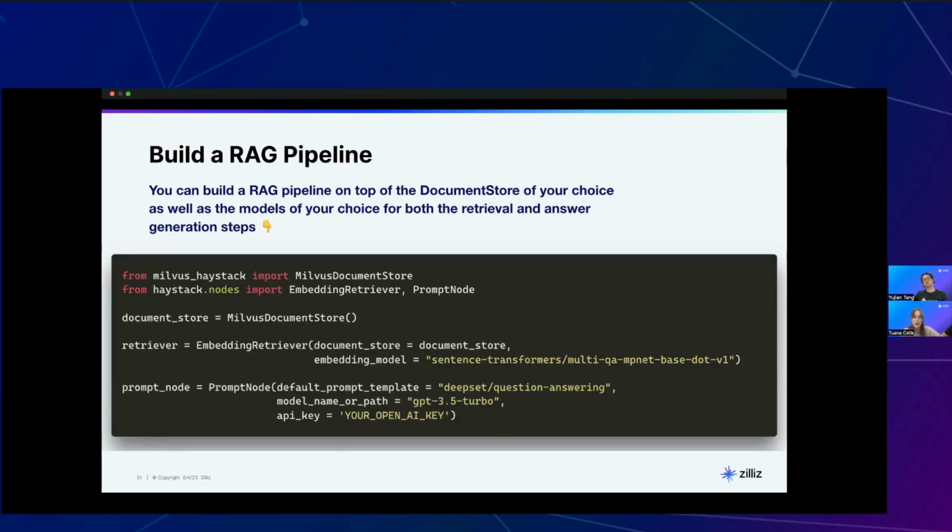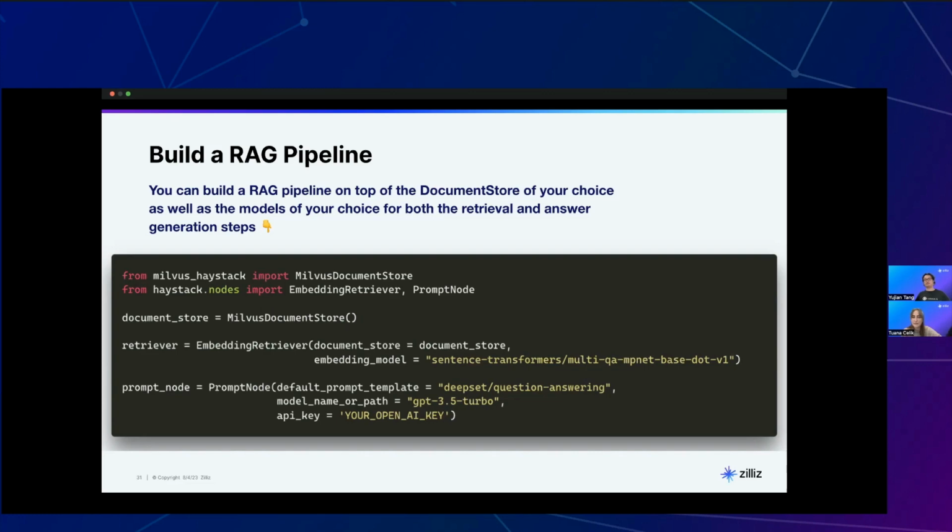All right, so we've got our prompt templates, we've got our prompt node. How do we actually build a RAG pipeline? So here is where we start talking about retrieval, and this is where we also start caring about what kind of database we use. So in this example, I'm using the Milvus document store. The Milvus document store is one of our integrated document stores.